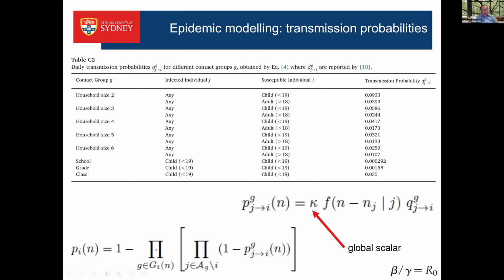And 1 minus that recovers it back to infection probability. So this kappa is actually a proxy of that R naught. It's not identical to it, but it is very close, and with some calibration, you do get to see that they go hand in hand.